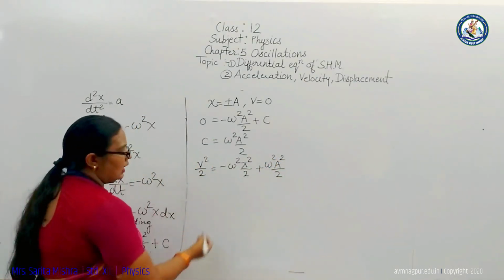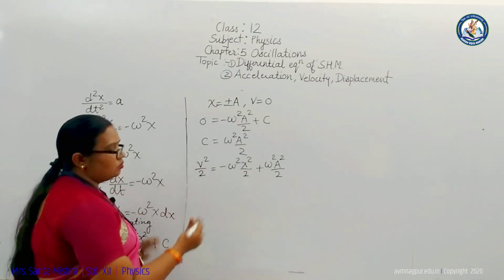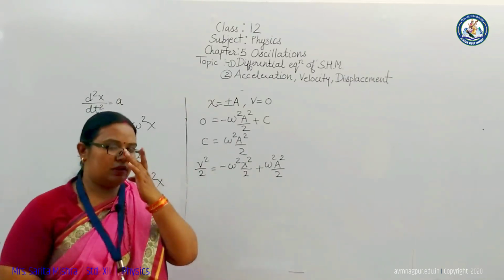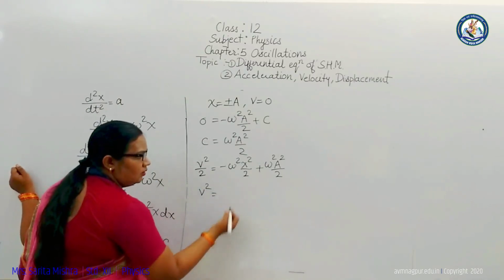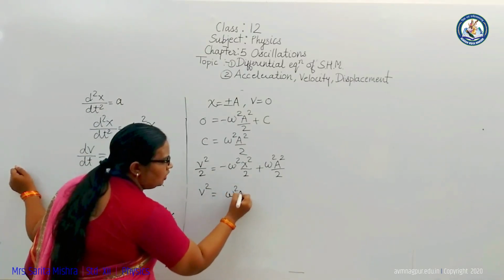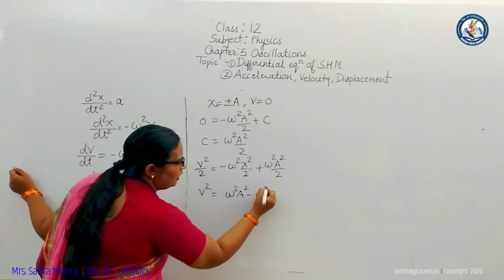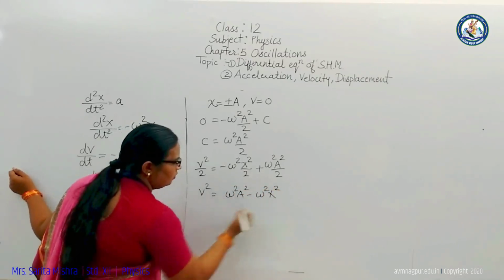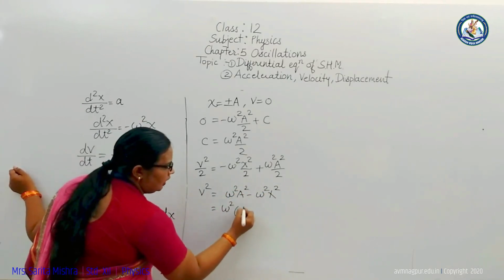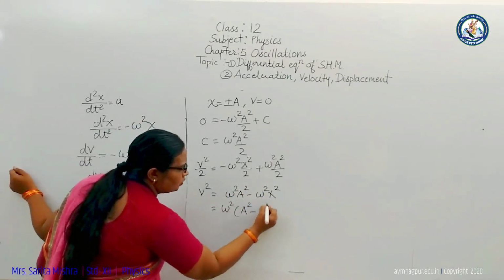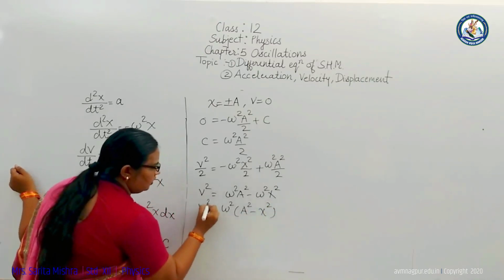Now the 2 gets cancelled, as it is common. We get v square equals omega square a square minus omega square x square. Omega square is common, so v square equals omega square times a square minus x square.